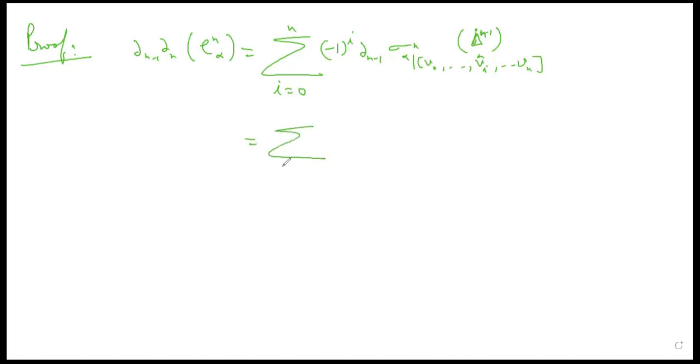This is going to be, for j less than i, the summation over i equal to 0 to n of minus 1 to the power i times minus 1 to the power j, sigma_alpha^n restricted over the intersection of the j-th and i-th faces of delta n.